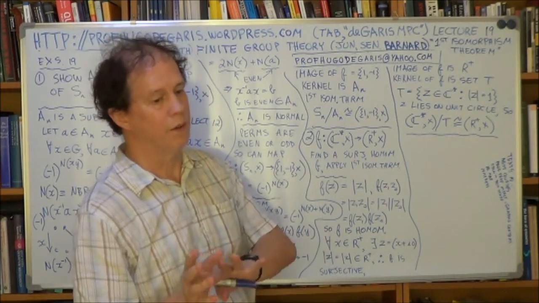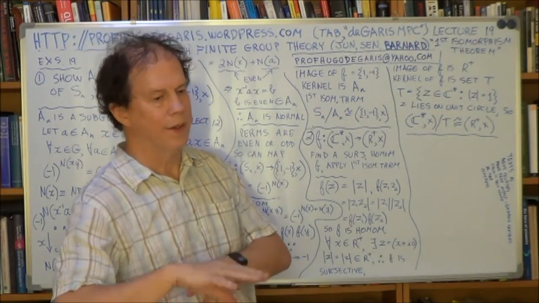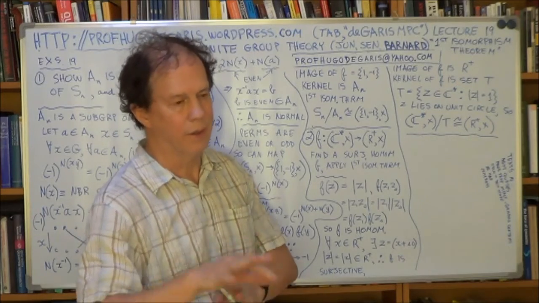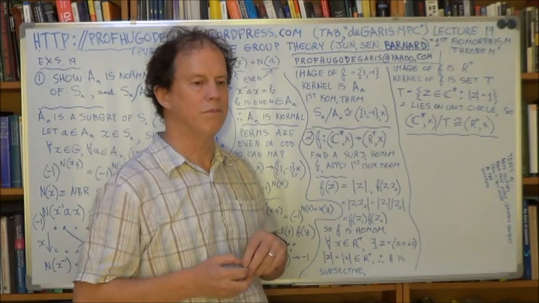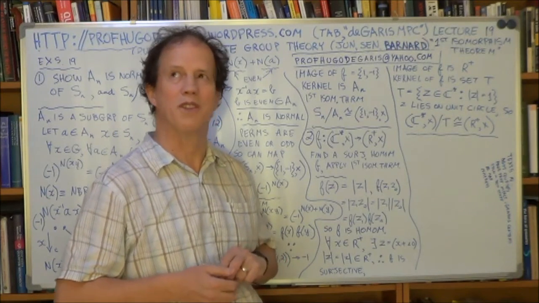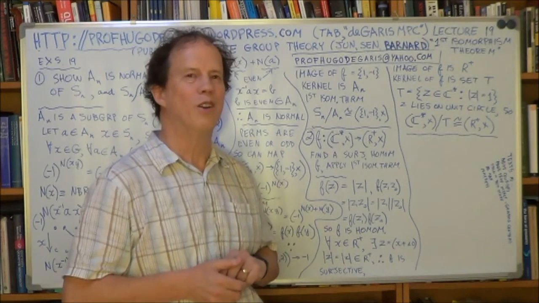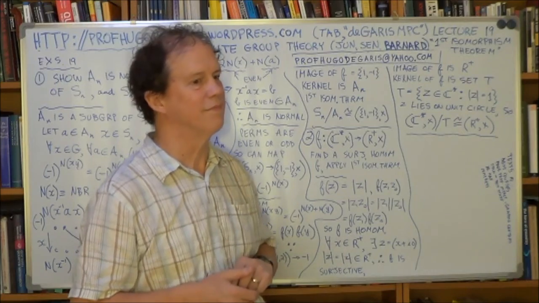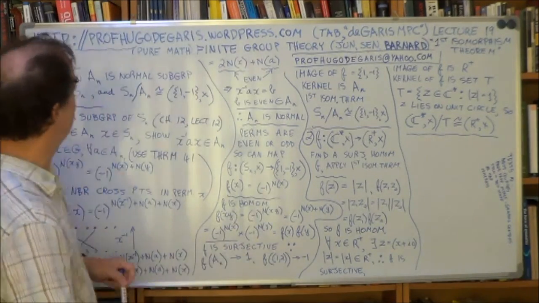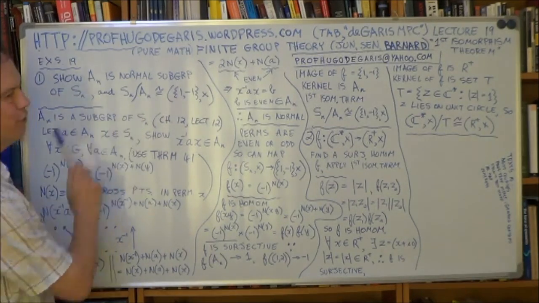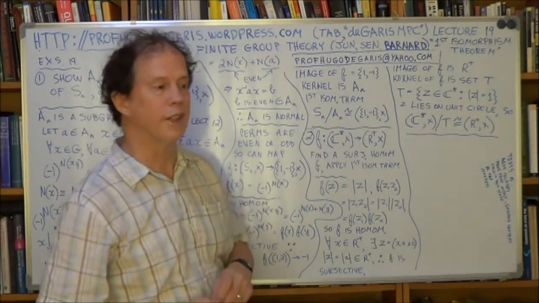But for the non-abelian groups, which are harder to deal with, the first, let's say, non-abelian simple group is A5. So it has historic significance.